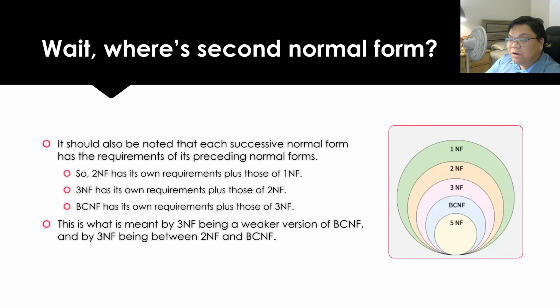Third normal form has its own requirements plus those of second normal form, which implicitly means that third normal form has the requirements of first normal form. Boyce-Codd normal form is a stronger version of third normal form, which means that Boyce-Codd normal form has all the requirements of third normal form, and second normal form, and first normal form. So when I say third normal form is a weaker version of Boyce-Codd normal form, that is what I mean.